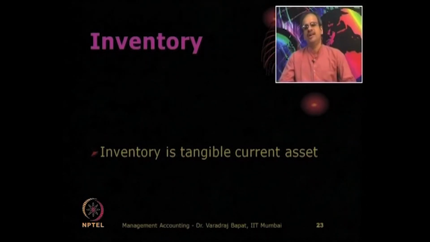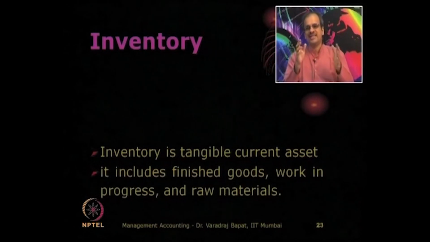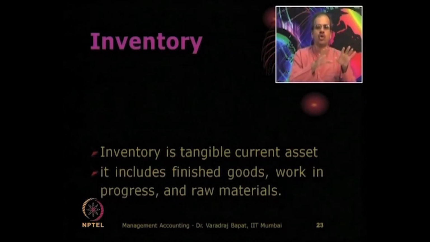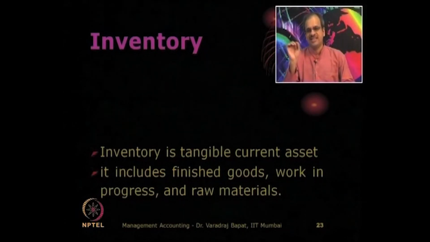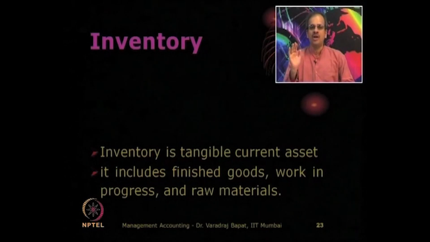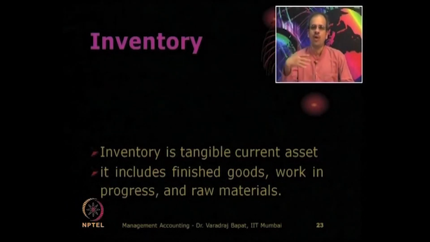As you all know, it is a tangible current asset. So, you can see, you can feel the inventory, it has to be usually kept in godowns or in stores. That is why it is tangible in nature. It is a current asset because it is not supposed to be kept like a machine. It is not a fixed asset which will be there in the business forever.